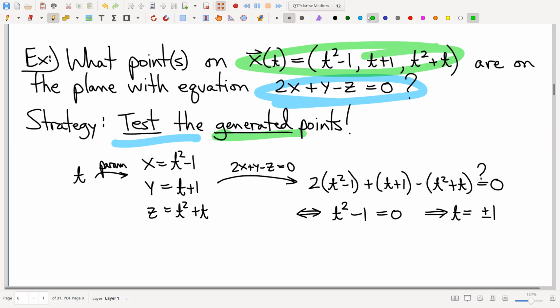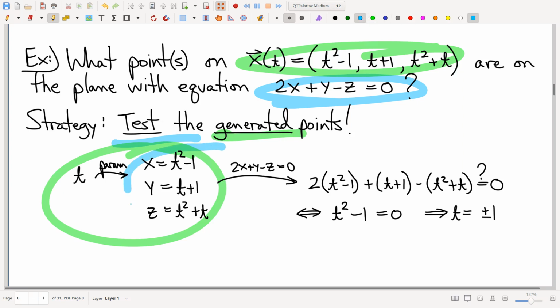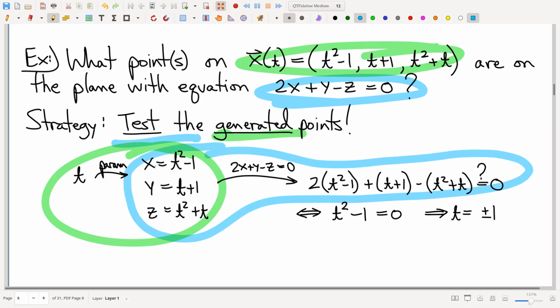So here's how you generate points, just plugging into the parameterization. What comes out you test by plugging into the equation, right? The formula for x goes where x is. The formula for y goes where y is in your equation.